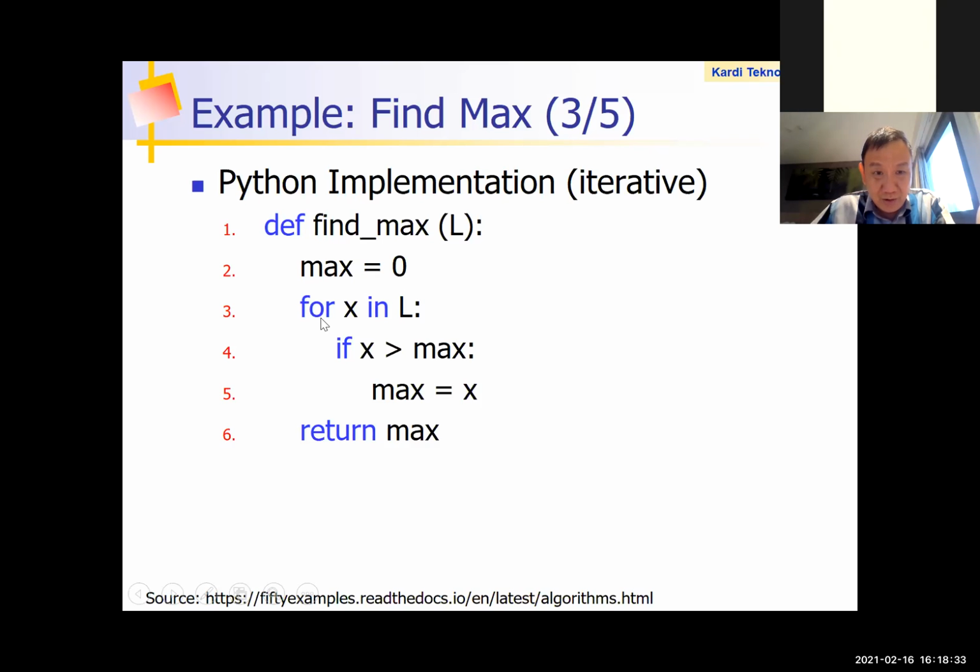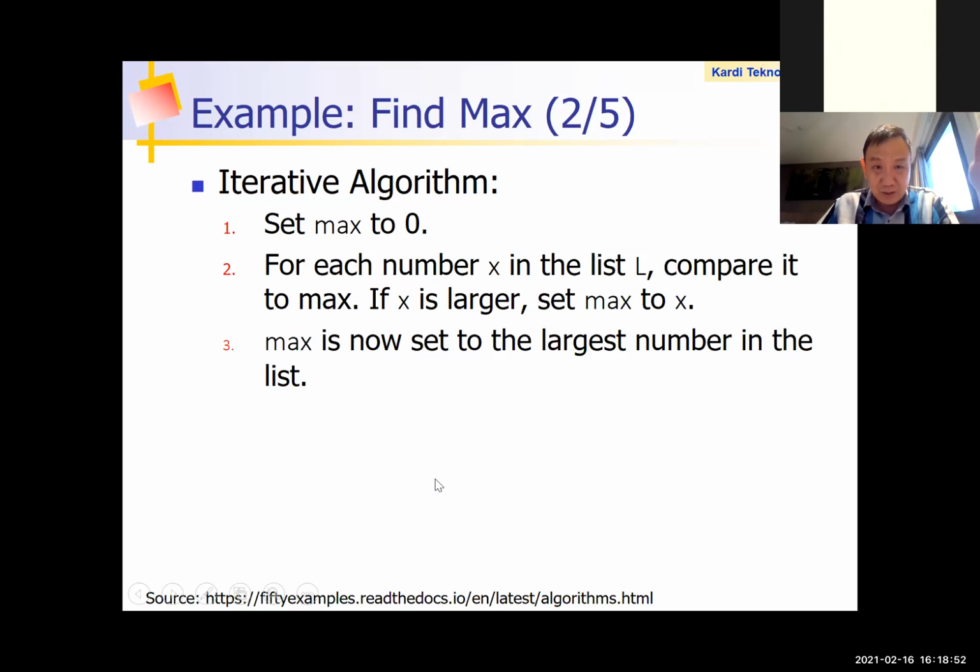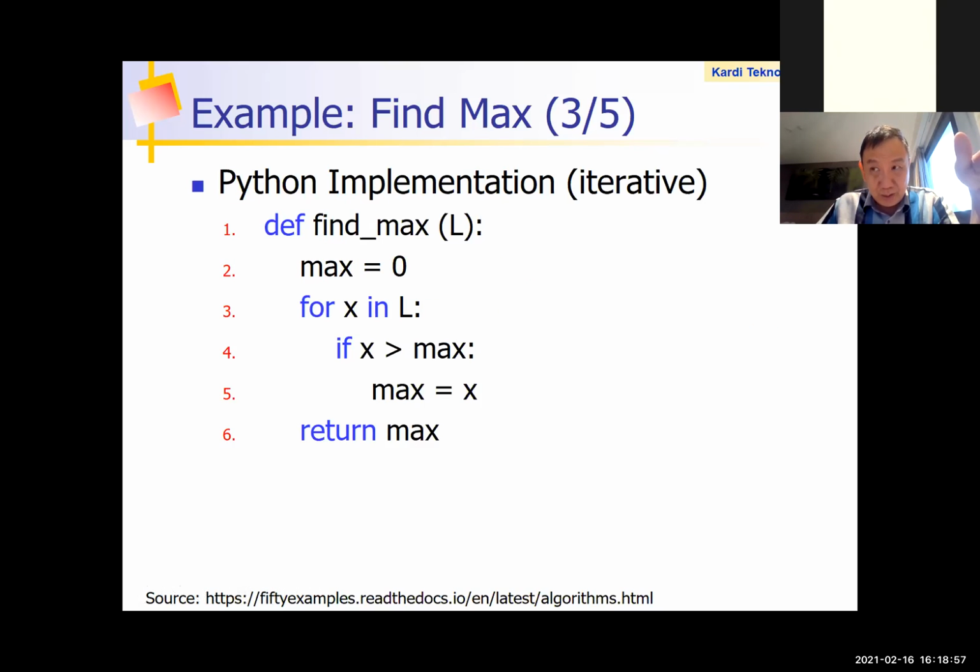And then you say for x in L, if x is larger than maximum, then set the maximum equal to x. After all the loop finishes, return max. So this is exactly the implementation of the find max algorithm in iterative manner. So my question to you, can you copy and paste this and run?